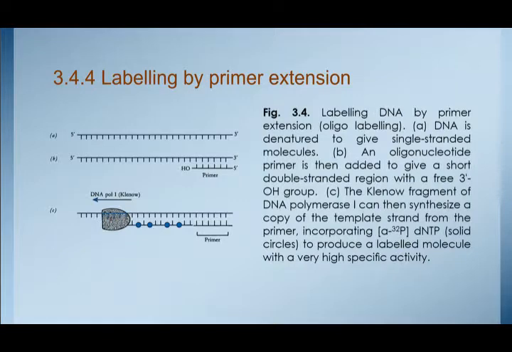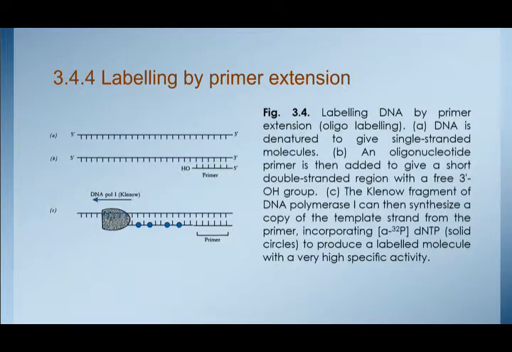Labeling by primer extension. Labeling by primer extension refers to a technique that uses random oligonucleotides, usually hexadeoxyribonucleotide molecules, sequences of 6 deoxynucleotides, to prime synthesis of a DNA strand by DNA polymerase.